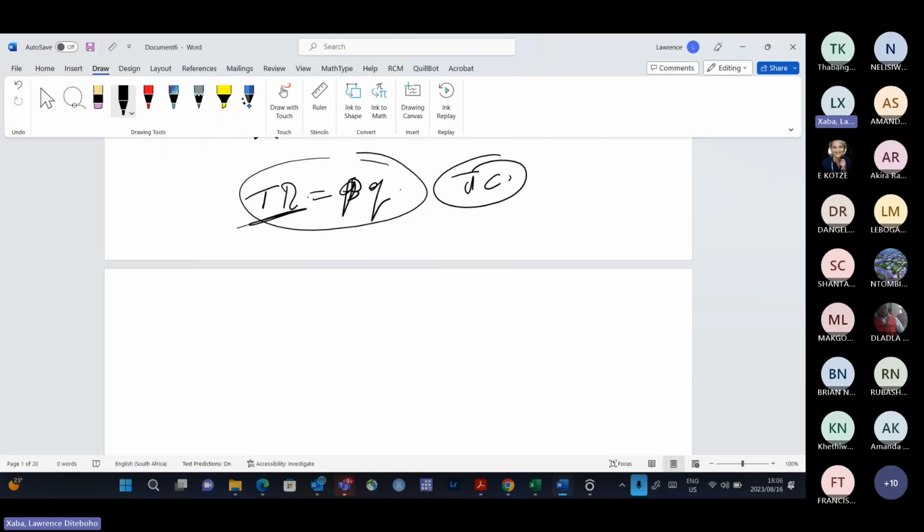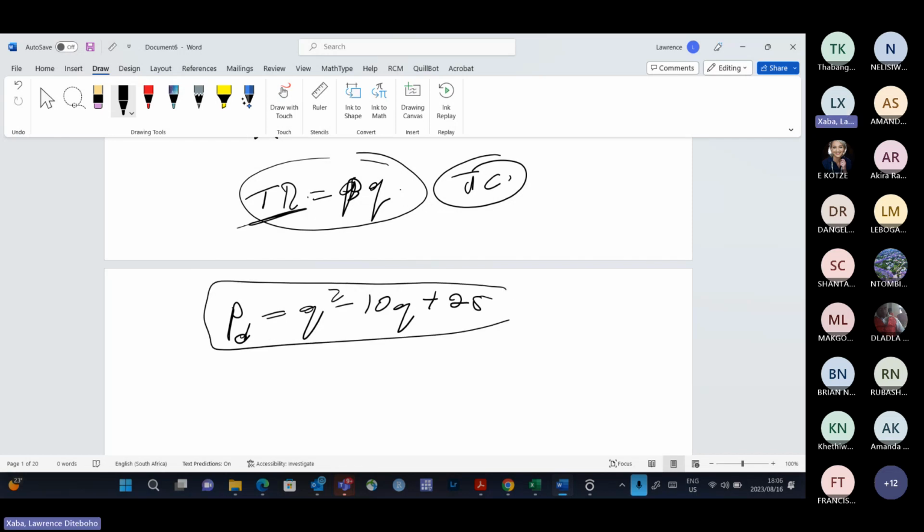To do our graph, we'll be given two equations: our quadratic demand and our quadratic supply. From these two equations, we must be able to come up with the information I've mentioned. For example, if you're given an equation of P subscript D equals Q squared minus 10Q plus 25, this first equation will be the demand.